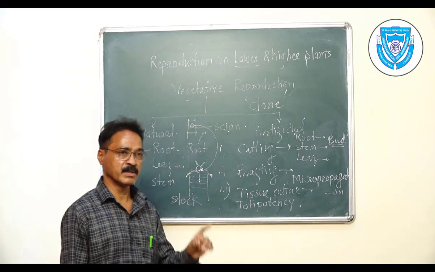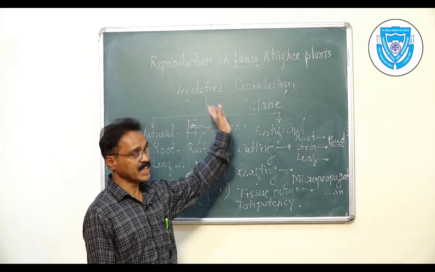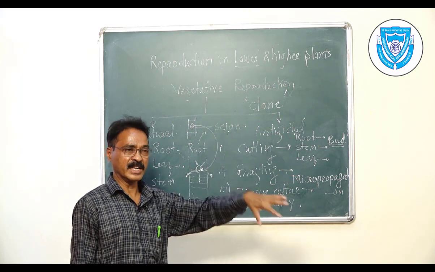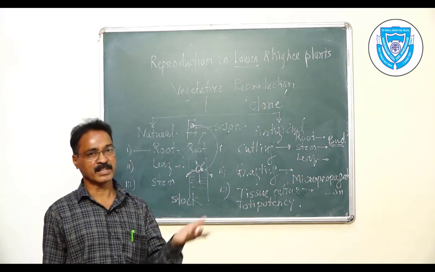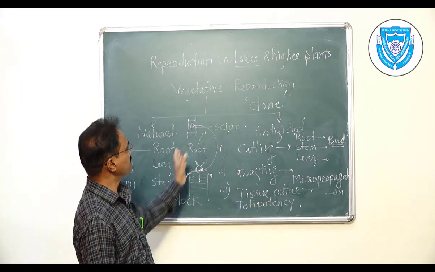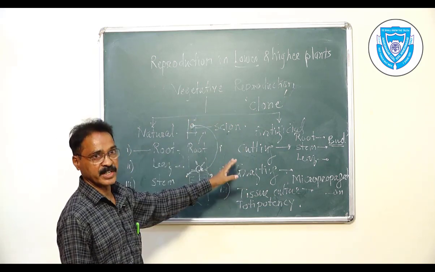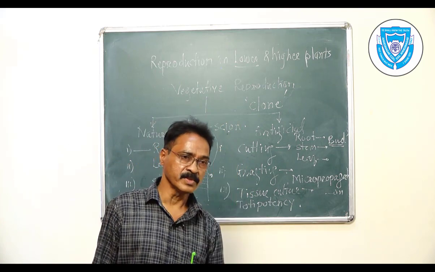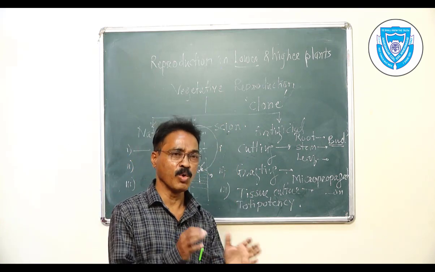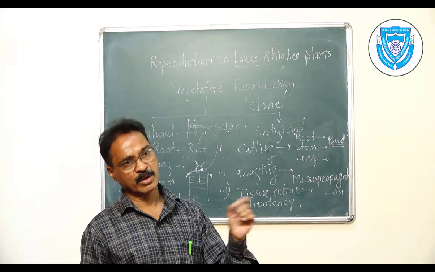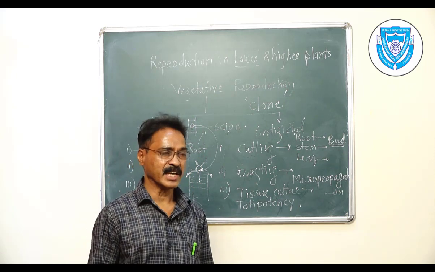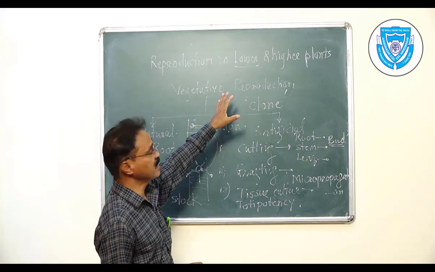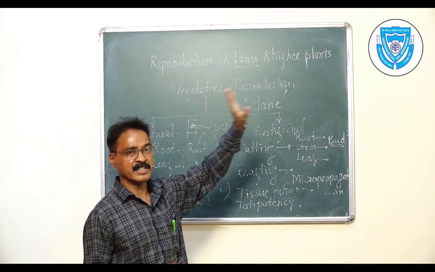The same thing, that means from a single parent, a new generation is obtained, but it is the exact copy of the mother. Hence, in all these cases we have studied today, the vegetative reproduction consists of cloning. Clone-type plants are obtained, and such a method of reproduction is found in the lower plants and the higher plants.